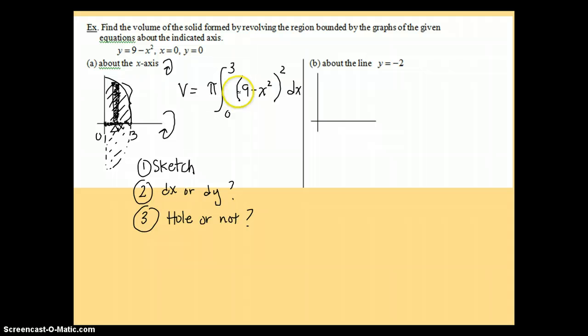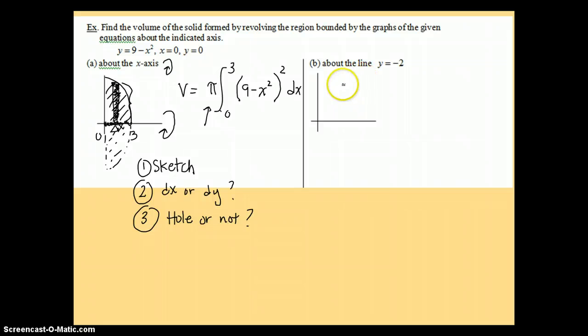If you want to think about it as upper minus lower, it would be 9 minus x squared minus 0. So if we go to our calculator, which I'm not doing at this point, but if you go to your calculator, you could use Math 9 and get your answer. And you have a choice. You can leave it in terms of something pi or actually multiply by the pi. But don't forget to multiply by the pi.